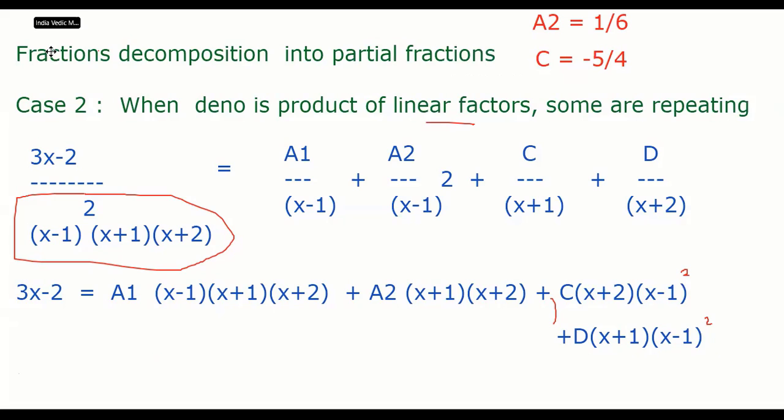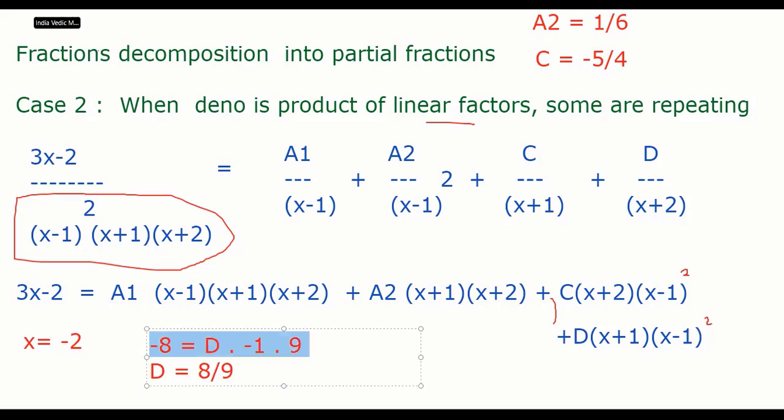Nishta, tell me, you are saying something. No, we'll put x equal to -2. So on the left, what is 3 into -2? -6 -2, that is -8. And who went away? a1 went, a2 went, c went, so d times (x plus 1), so -2 plus 1 is -1, into (-2 minus 1) whole square, that is -3 squared, 9. So it is -9d, the minus cancels, so d will be 8/9.